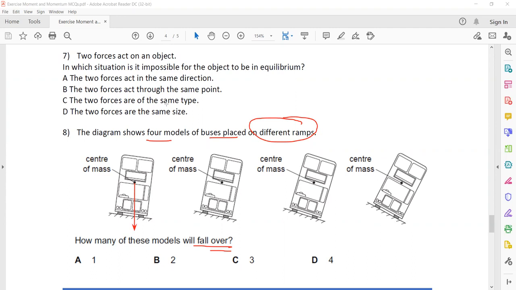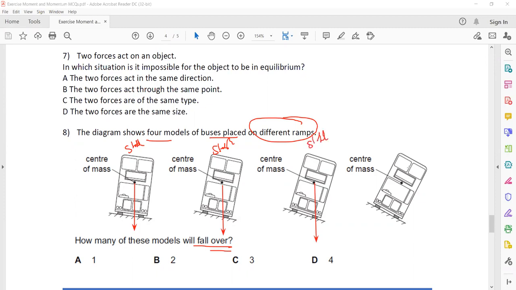So what about the first model? It will be stable or unstable? For the first model, the weight is passing through the base, so it will be stable. When you draw the weight for the second model, that is also passing through the base, so it will be stable. When you draw for the third model, it is also passing through the base, it will be stable.